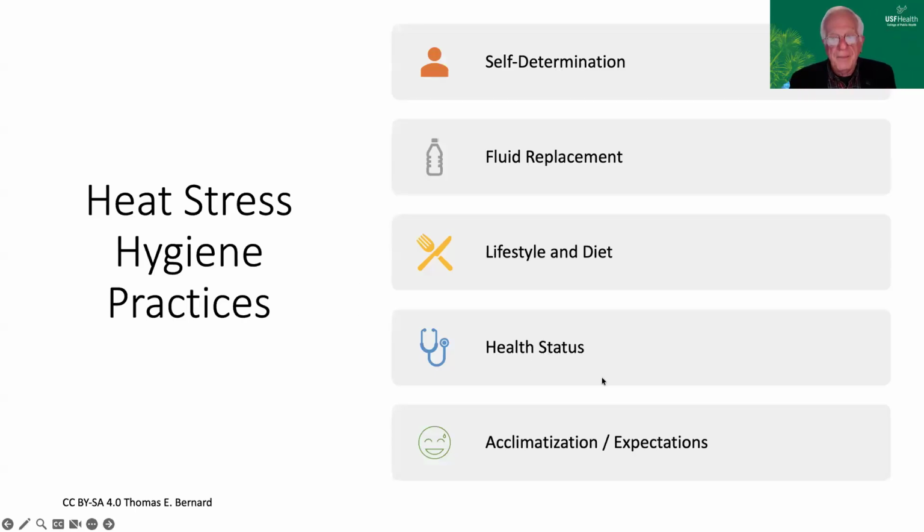And then I put acclimatization as a hygiene practice versus a work practice. It's really a combination of both. So in combination with the policy is managing your own expectations about how you're going to perform. And if you're struggling in the first day, it's likely to get better on the second and then the third, and just adjust accordingly.